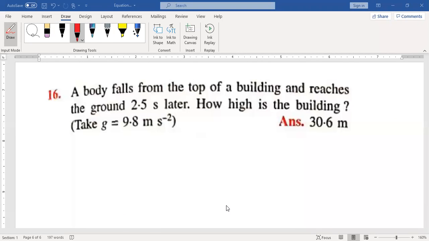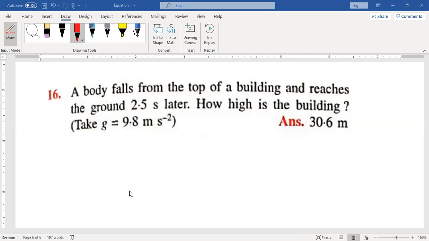Similarly, coming to 16th question, a body falls from the top of a building and reaches the ground 2.5 seconds later. How high is the building?